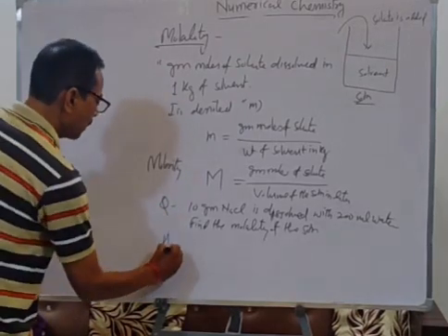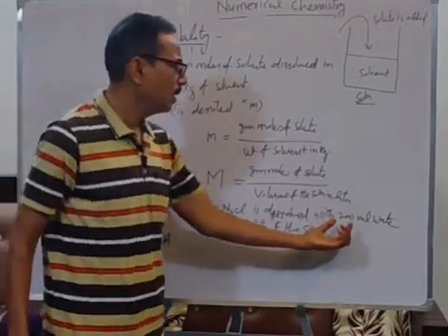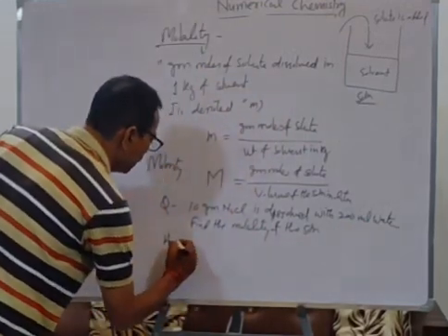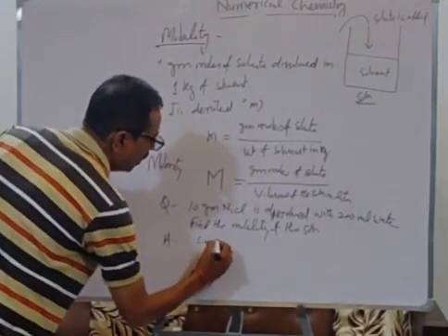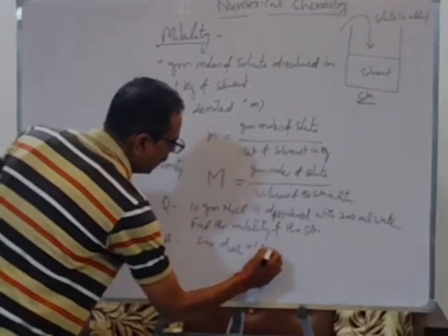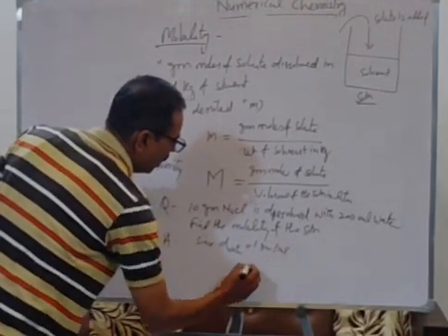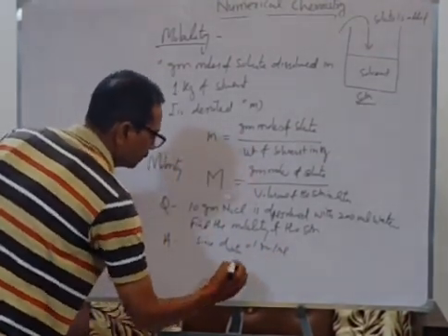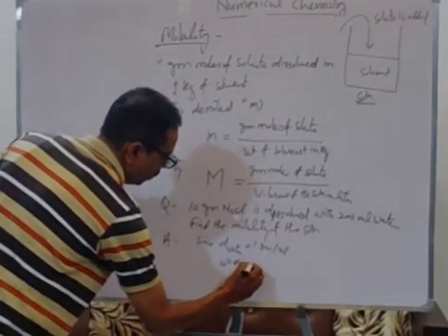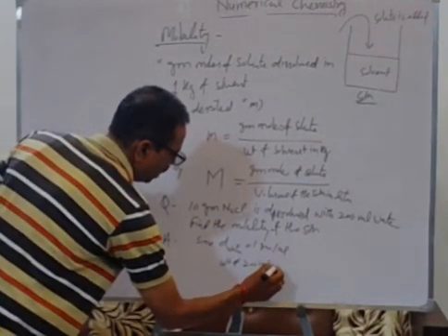Here, since water has density 1, since density of water is 1 gram per ml, therefore the weight of 200 ml water.